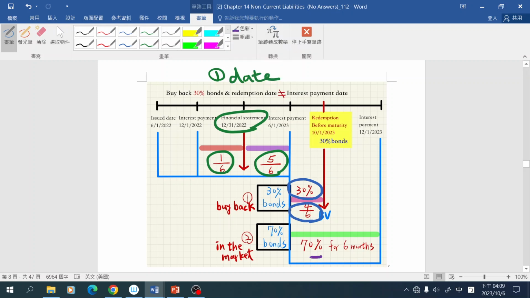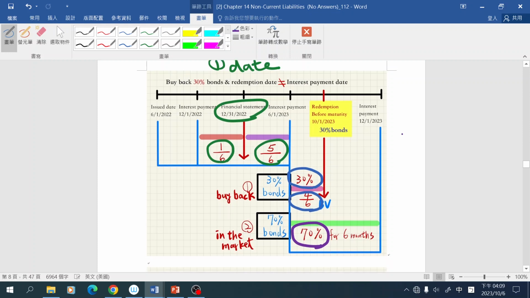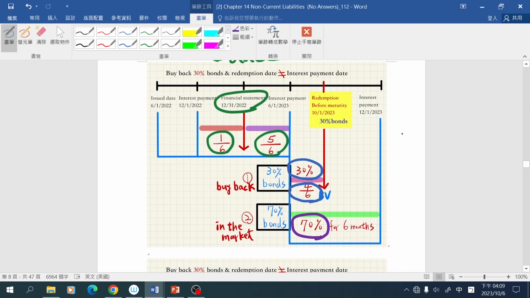So when you do any numbers, it's only for the 70%. Okay? Any questions? So that's the structure picture right here. But because we don't have time, next week we will practice based on this how to get the numbers. Okay? So see you next week.